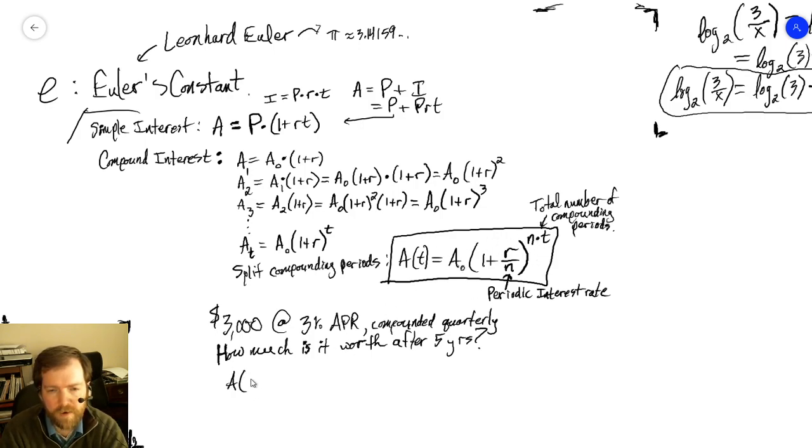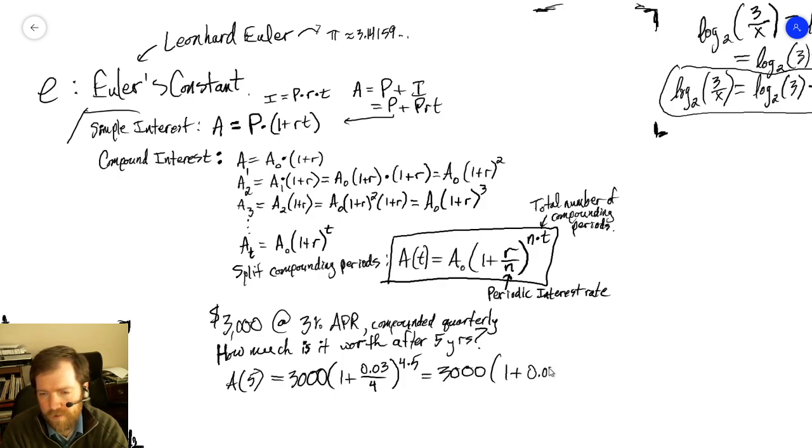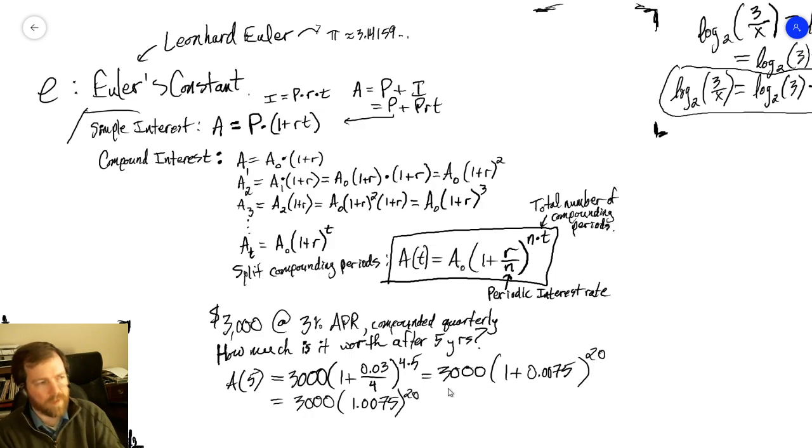So A of 5, the time that we want here, is going to be equal to 3,000 times 1 plus 0.03 divided by n, which is 4, raised to the 4 times 5, t, is 3,000 times 1 plus 0.0075 raised to the 20th power. 1.0075 raised to the 20th, and then multiply by 3,000.